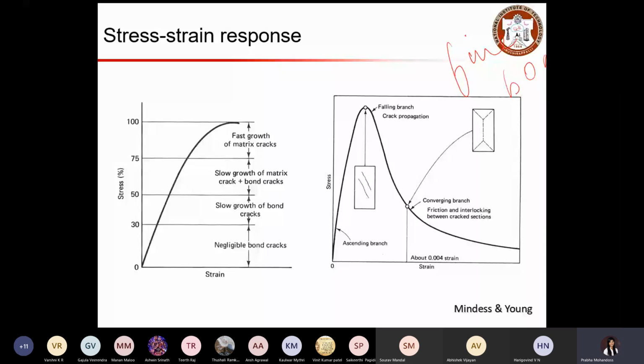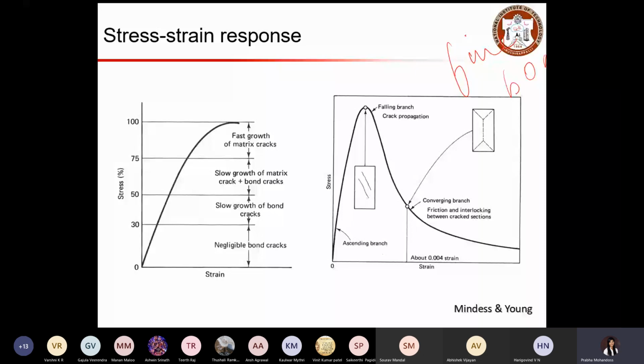So you will have both these interface cracks as well as the crack growth that connects together, and then that forms significant long cracks, and that will lead to multiple cracks in the matrix. And then with further increase, the crack connectivity will be very fast. The fast growth of matrix cracks will lead to failure of your concrete specimen.